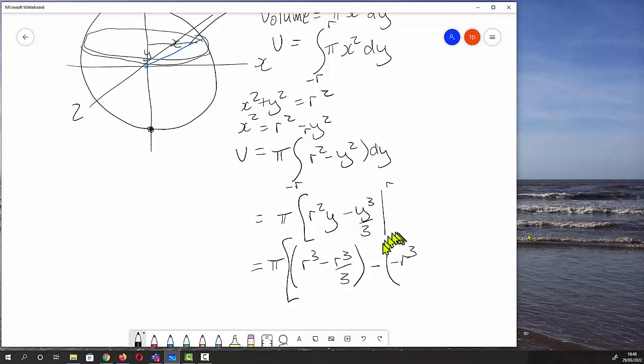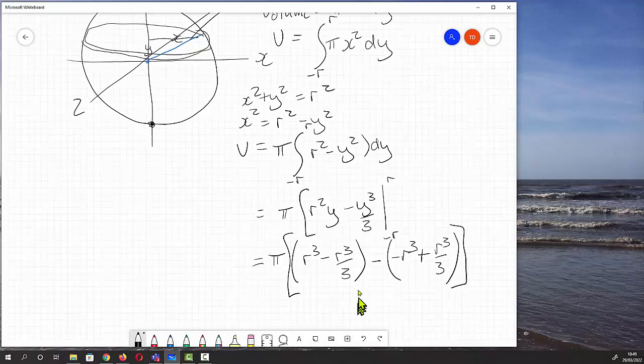And then this minus r is going to go in here, so when I put r into that, I'm going to get minus r cubed, but I've already got a minus sign, so it's going to be plus r cubed over 3, isn't it? Okay, and then square brackets around that. Gotta watch your signs.